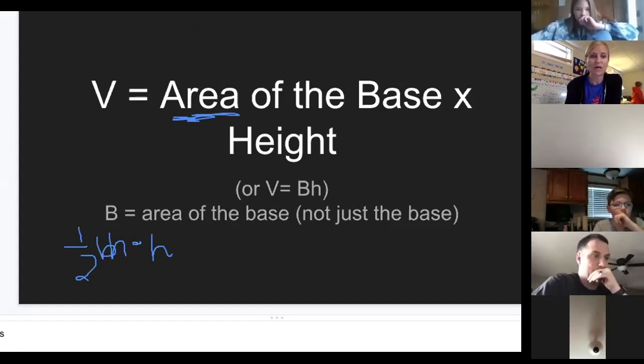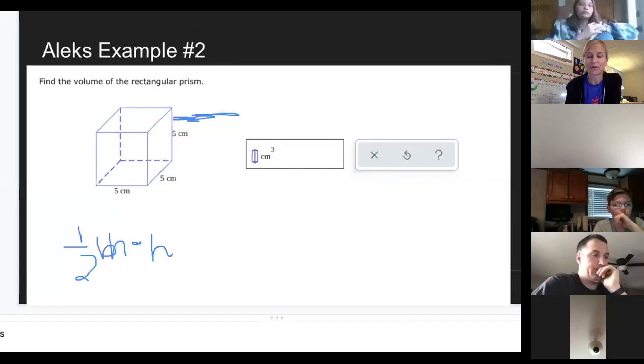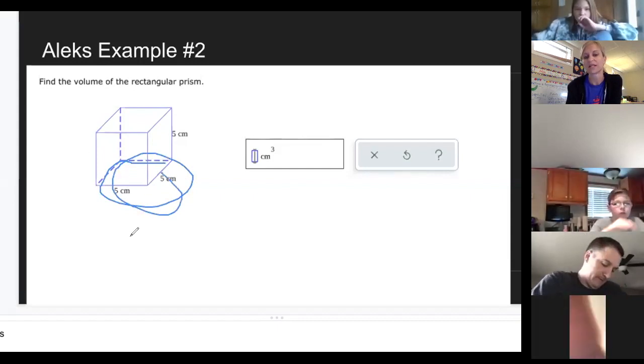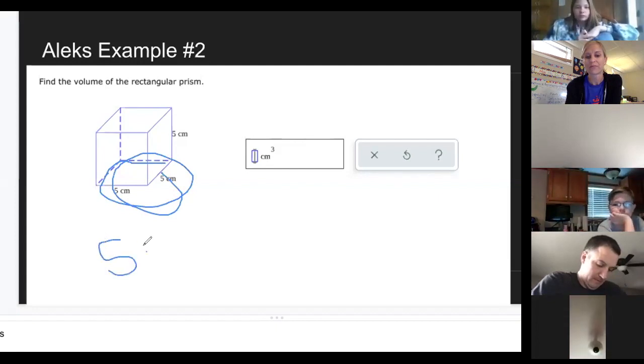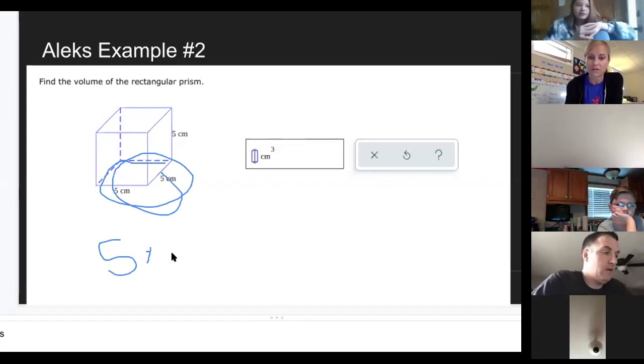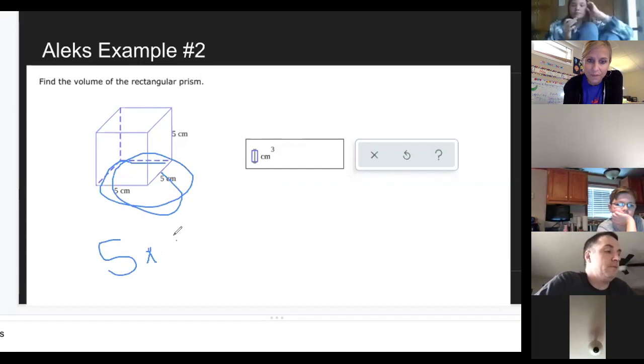Going back to this next example, this one's easy because you just have to do length times width times height, or area of the base times the height. You find the area of the base, which is a square, so the area is length times width, sorry, I'm getting calls, times height.